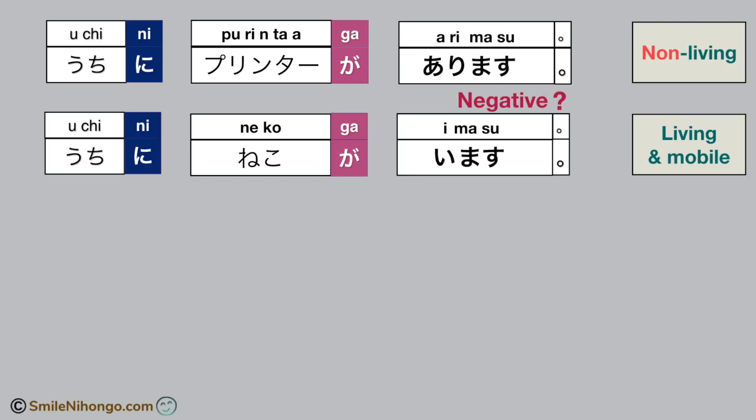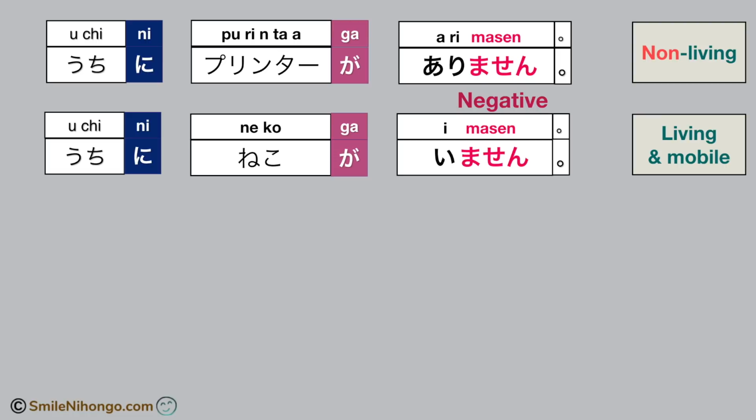What about negation? How do you convert あります and います into the negative form? Right. You change the ending to ません。The negative form of exist is ありません and いません。So I don't have a printer at home is うちにプリンターがありません。I don't have a cat at home is うちに猫がいません。These are completely grammatical sentences.